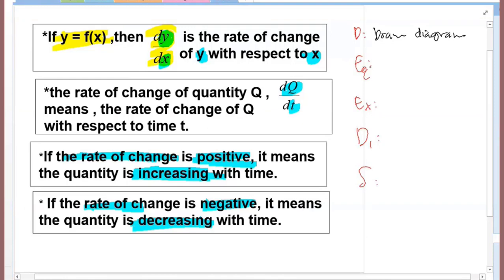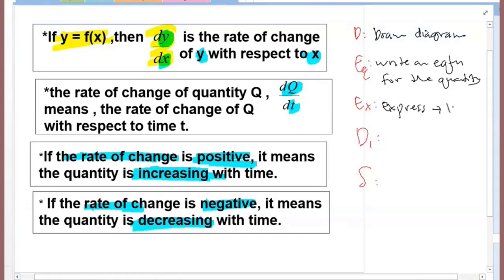Then write an equation for the quantity, whether it is volume or area, and express the quantity in a single variable.